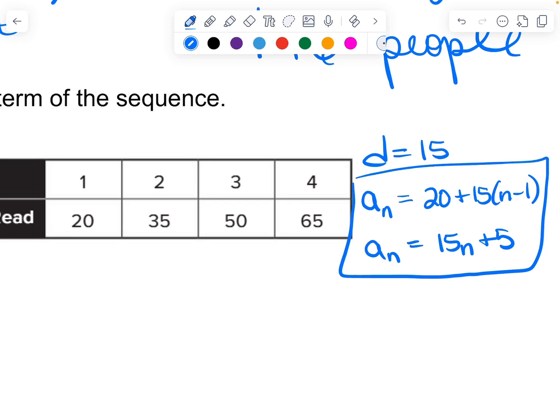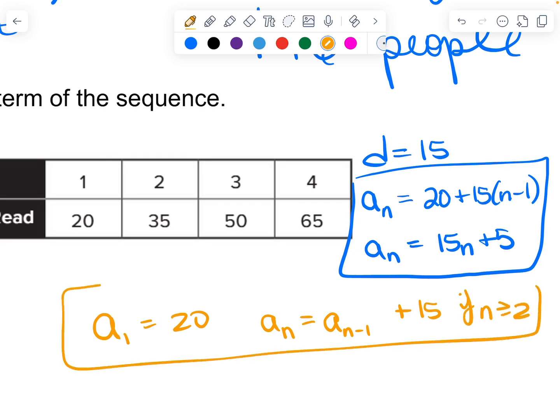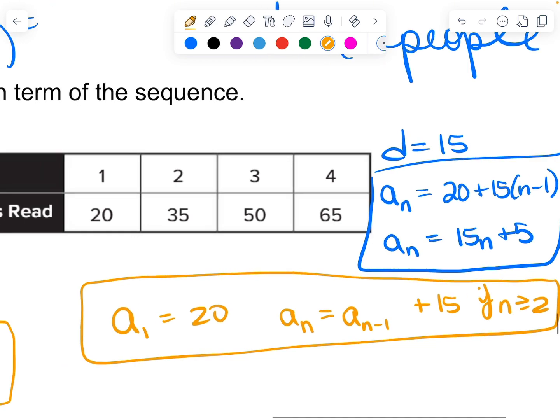So either one of those would work for your explicit. Your recursive is a sub 1 equals 20, where a sub n equals the previous term plus 15, and we're talking about starting at the second term. So that's our recursive.